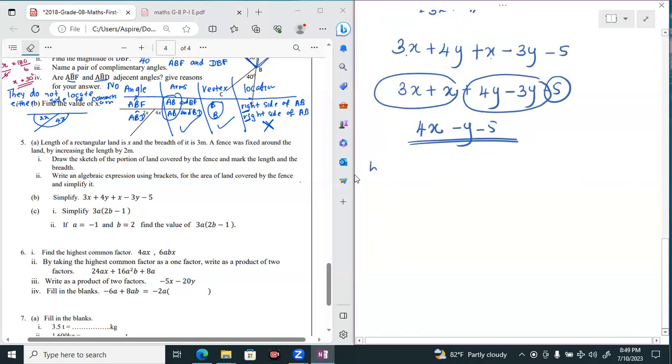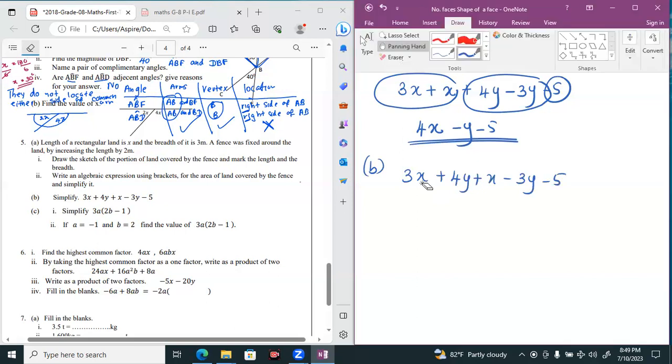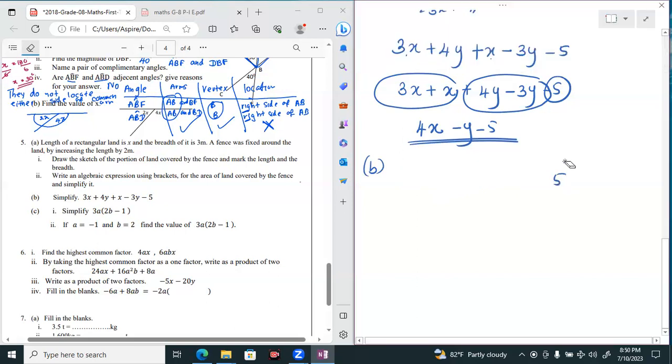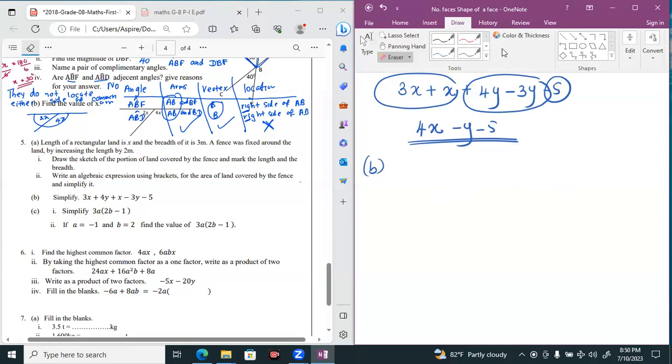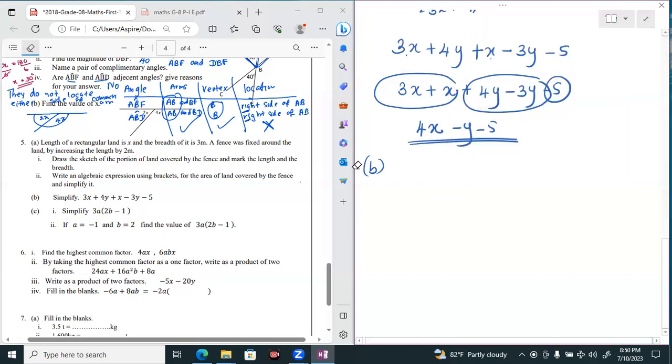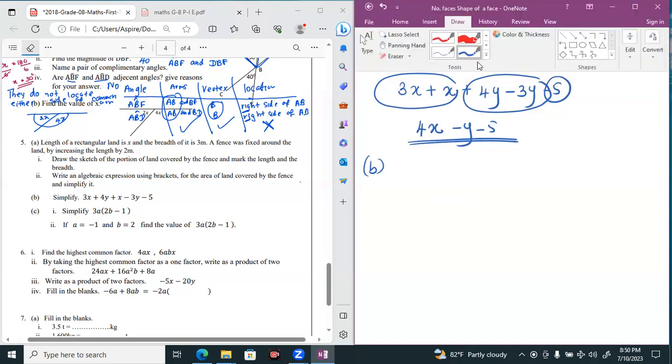Part B, simplify, then 3x add 4y add x, subtract 3y subtract 5. Oh, sorry. Here, in part C, simplify කරන්න කියලා කියන්නේ you have to remove the brackets here.